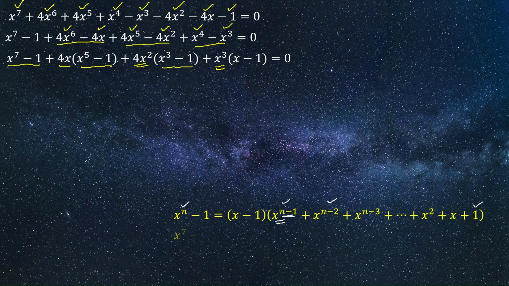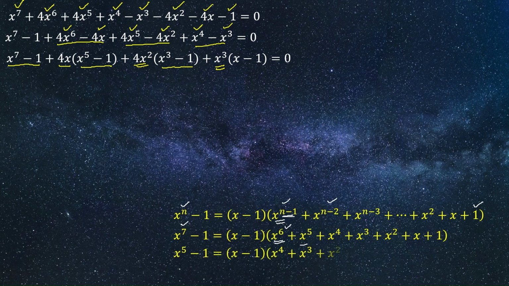Using this formula, we can write x^7 - 1 equal to (x - 1) into x^6. Here x has power 7, the power will be reduced by 1 in the first term of the second factor, and then it will be reduced by 1 gradually.